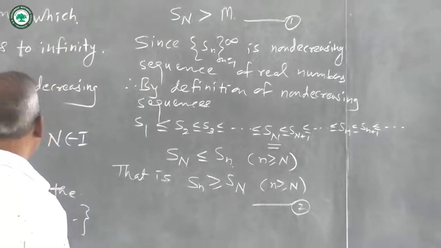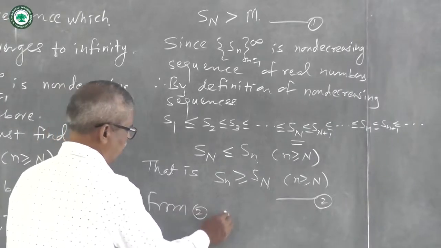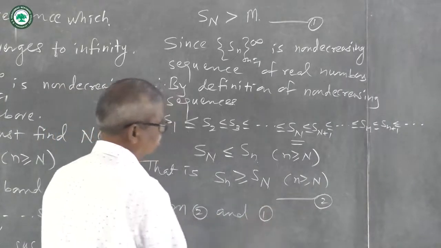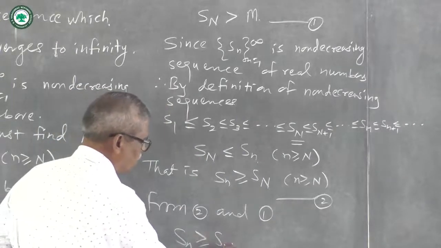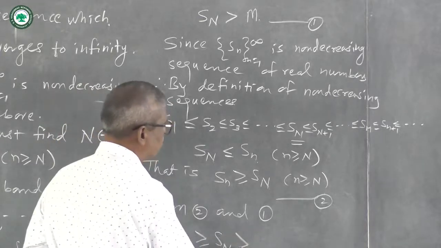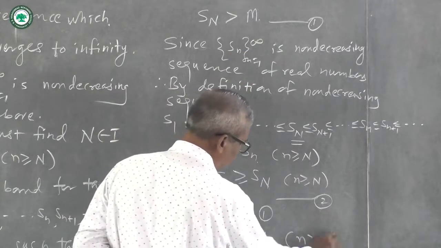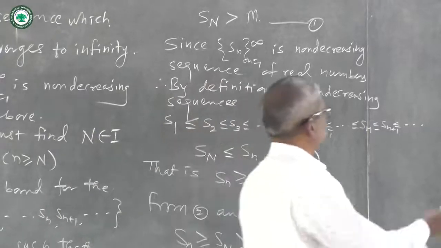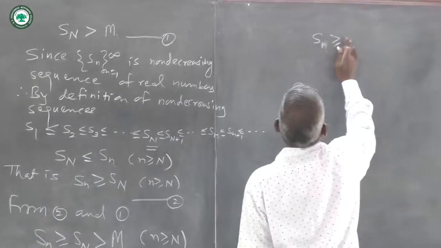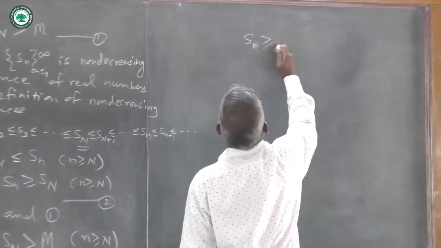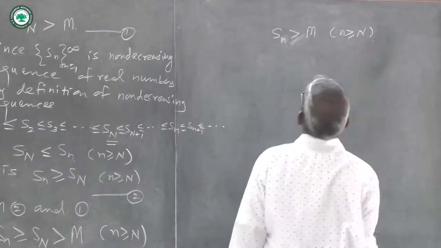From relations 2 and 1, S suffix small n is greater than or equal to S suffix capital N, and S suffix capital N is greater than capital M for all small n greater than or equal to capital N. That is, S suffix small n is greater than capital M for all small n greater than or equal to capital N.